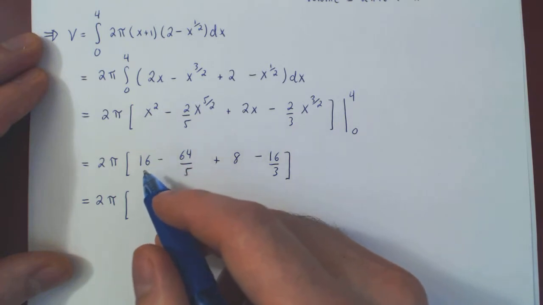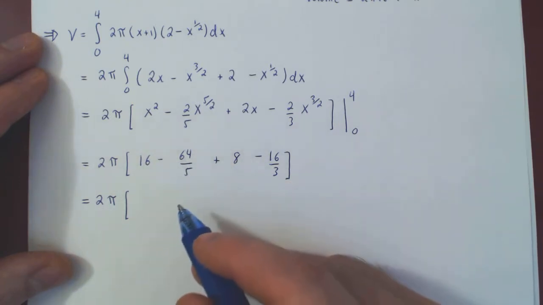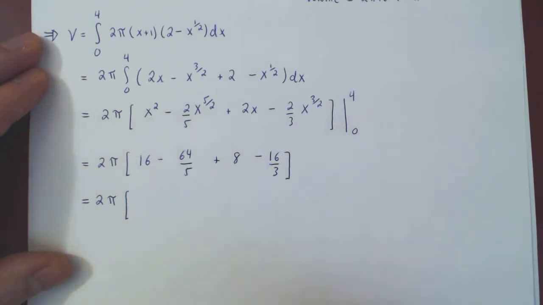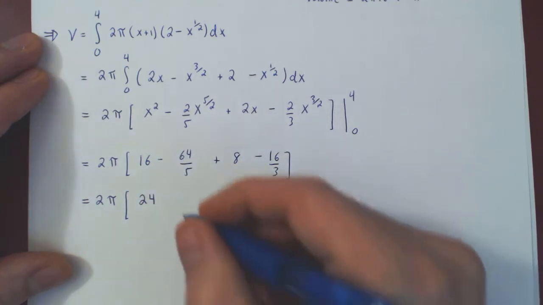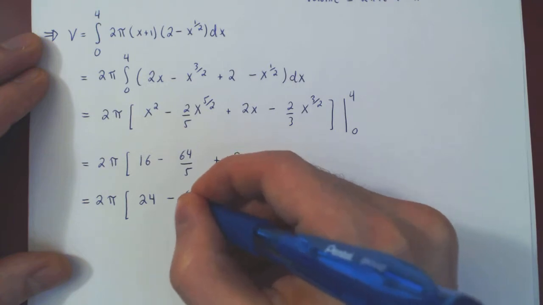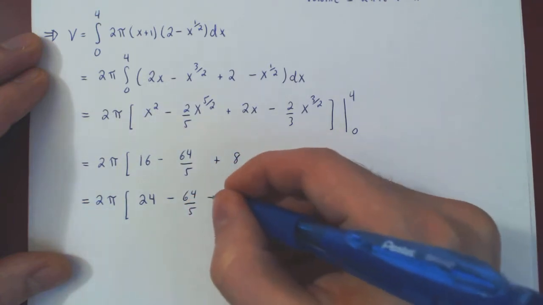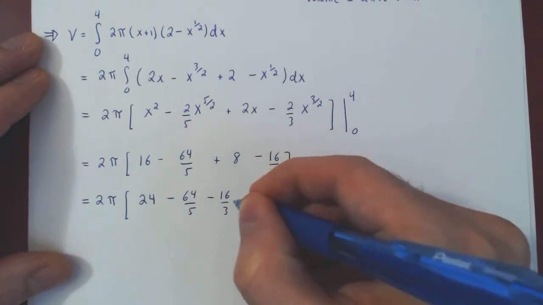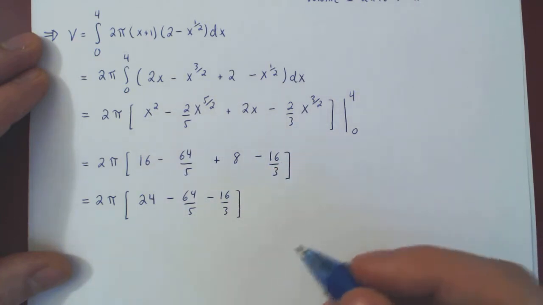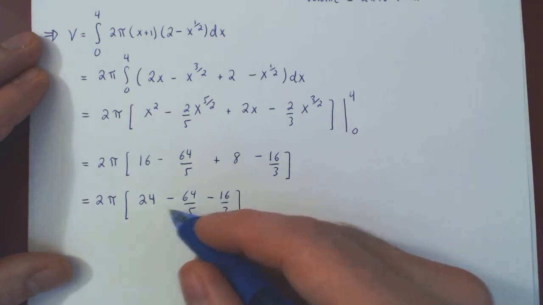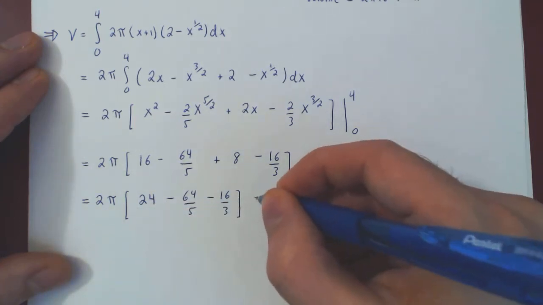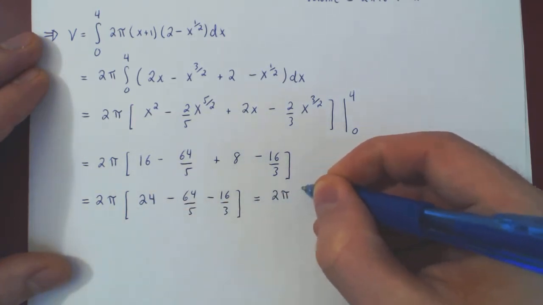So we can add first the integers. So 16 plus 8 is 24. And now we have minus 64 over 5, minus 16 over 3. So here, we can put these over a common denominator of 15 and do the same thing with 24.